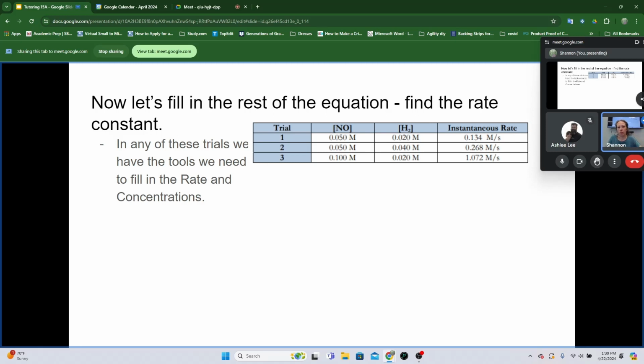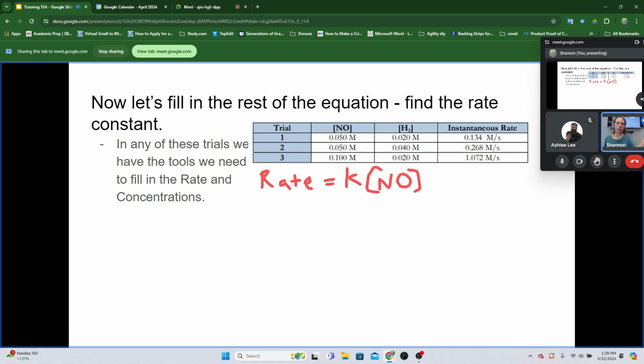So, that's a reminder of what our full equation is. Rate equals K, and it's going to be concentration of NO, right? And we previously figured out what our orders were, okay?